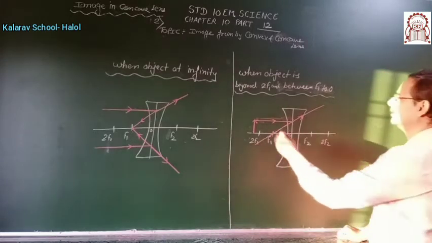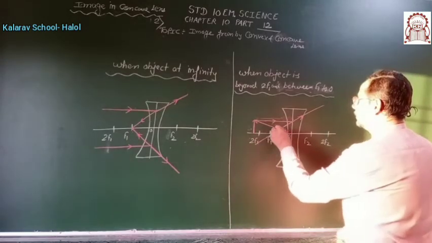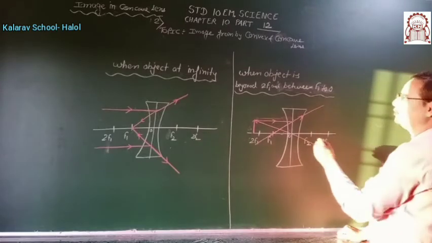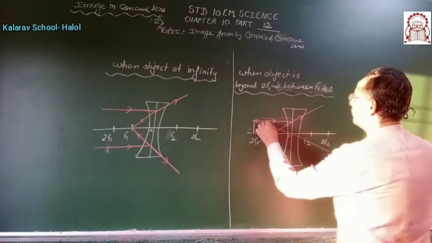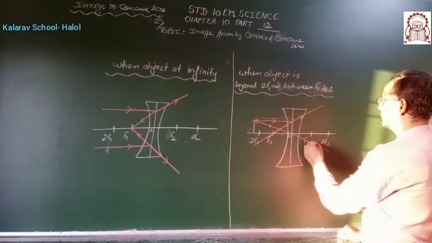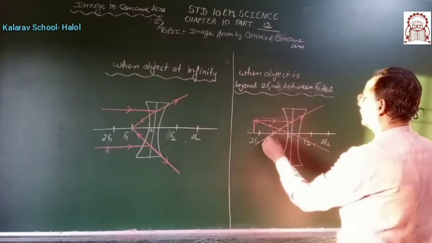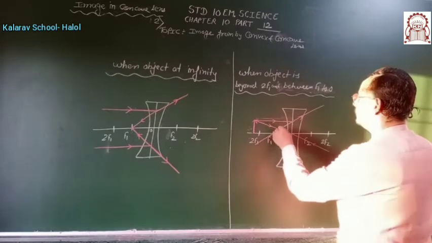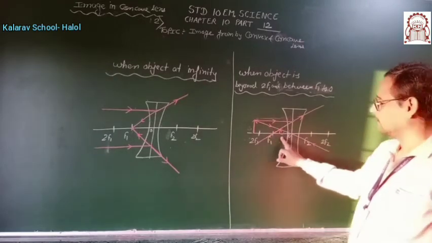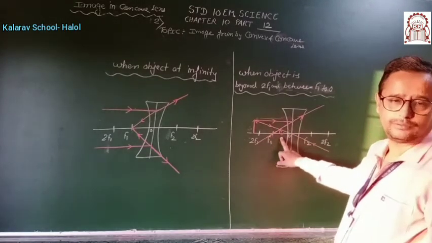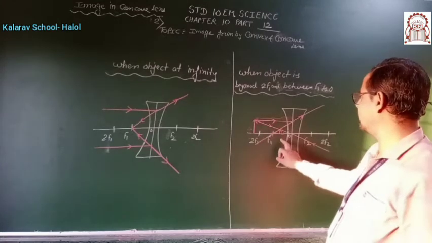And second, the ray passes through the optical center, and as I told you earlier, whatever ray comes through the optical center goes straight. In that condition the image will be formed between F1 and O, and it is again a virtual image, smaller than the object and erect.